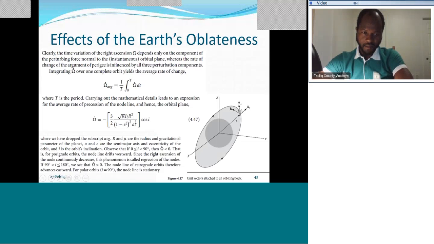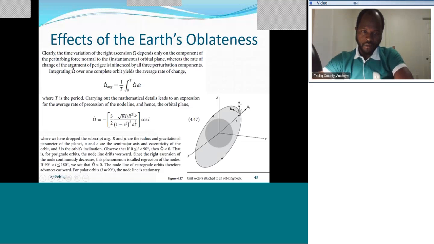The first case is for the prograde orbit. This must have been a typographical error, or maybe it was an old term they used, but it is prograde, not postgrade. It's a prograde orbit. That means the inclination is equal to 0 or greater than 0, but less than 90 degrees. For retrograde, it is greater than 90 degrees, but less or equal to 180 degrees.